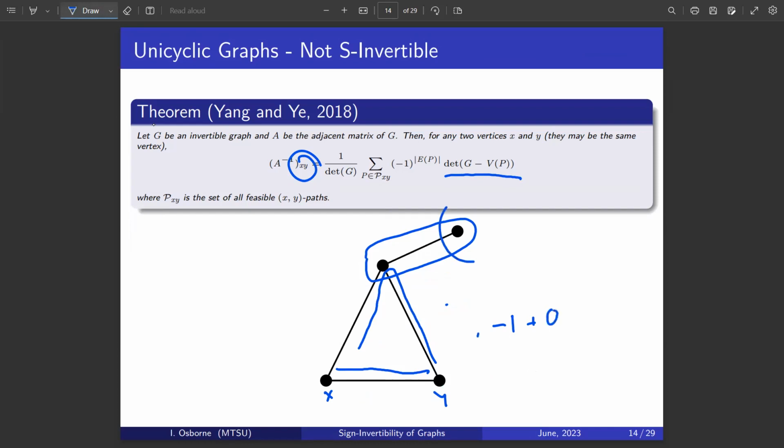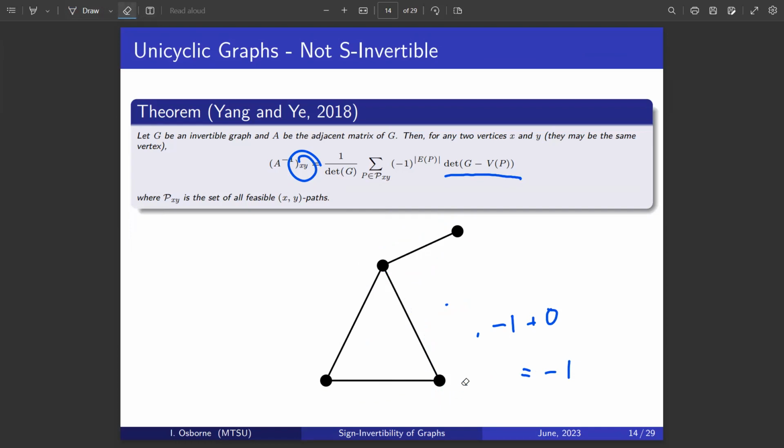So the determinant of what's left over is 0. So the entry in that part of the adjacency matrix is going to be -1. So that's okay. It actually works for any of the points on the cycle.